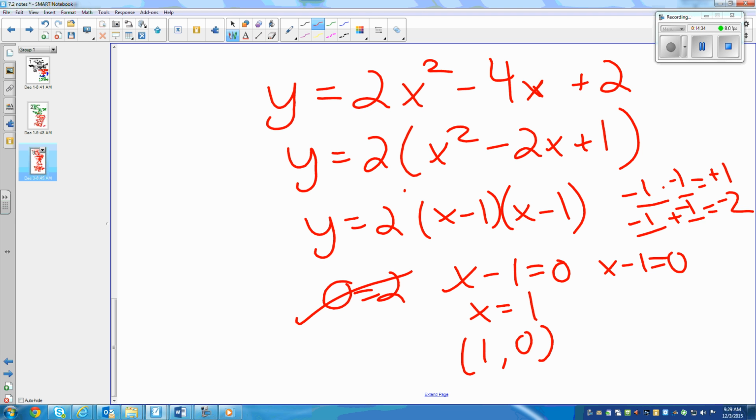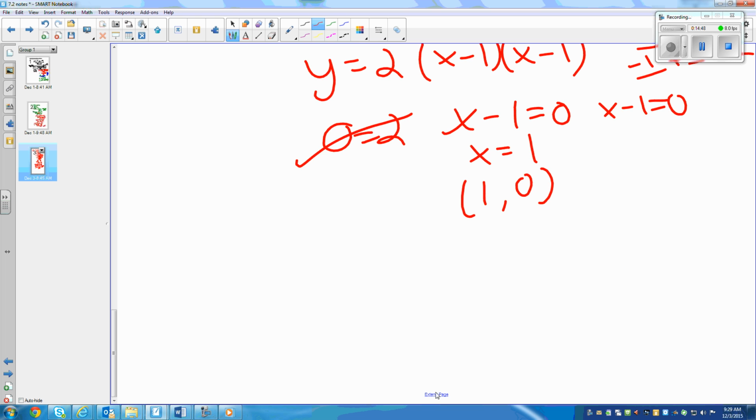Let's do one more type. What's the last type that I'm wanting to factor? Decomposition. Okay? I'm going to try and make up a decomp one in my head. We'll see if we can do this.